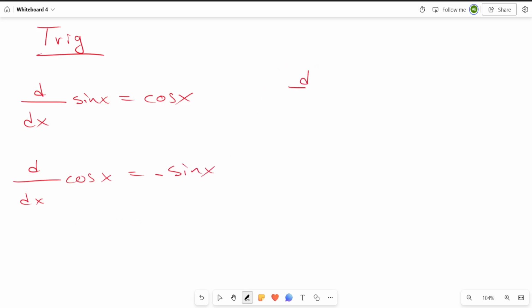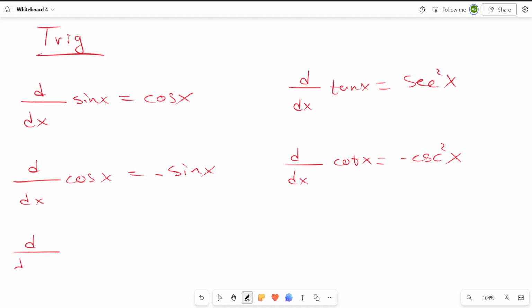The differentiation of tan of x is going to equal secant squared of x. The differentiation of cotan of x is going to equal negative cosecant squared of x. And the differentiation of secant x is going to equal secant x times tan x.